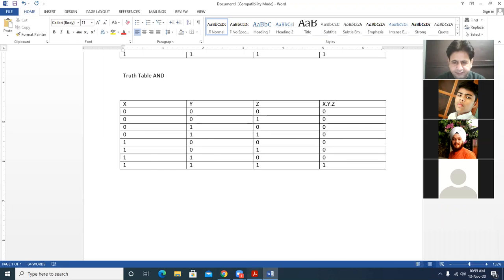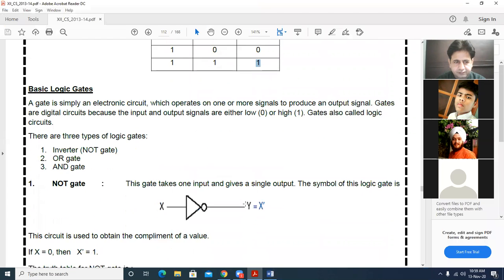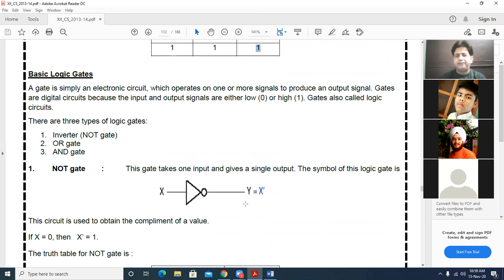Now next is, now in Boolean algebra, you will have to draw logical gates. This topic also your teacher will discuss later on in physics. A logical electronic gate is simply an electronic circuit that operates on one or more signals to produce an output.